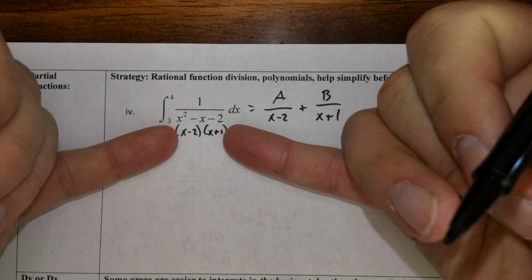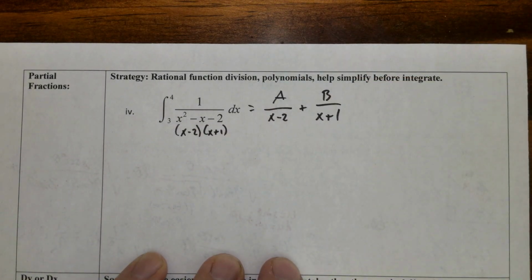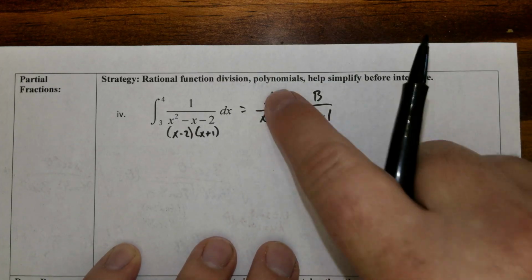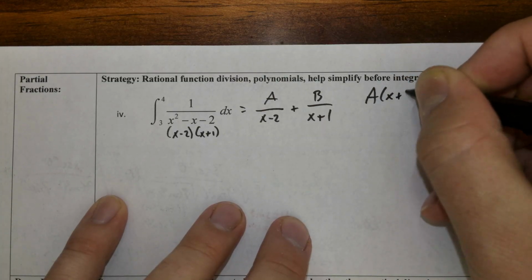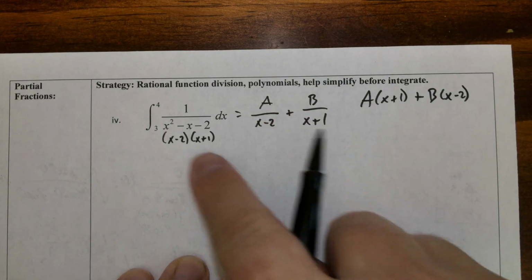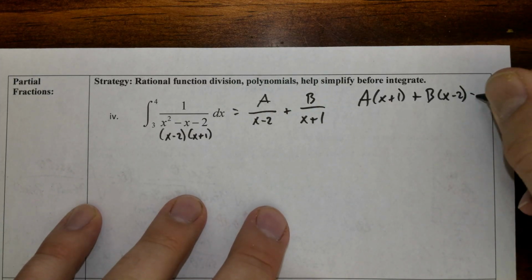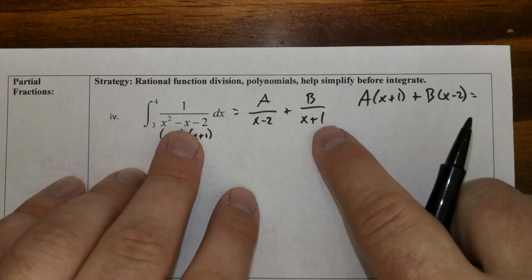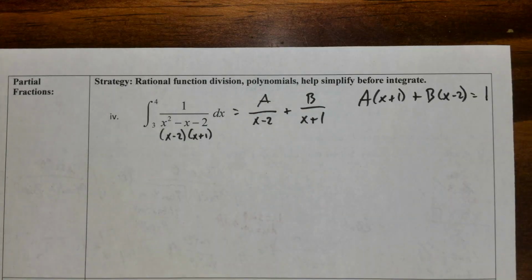If these are the components of my denominator, this numerator has to become separable into two separate fractions. When I cross multiply these things, I would get a times x plus 1, b times x minus 2. Again, I'm only looking to do this skill when I know my denominator is factorable, and now this whole thing would be equal to 1.